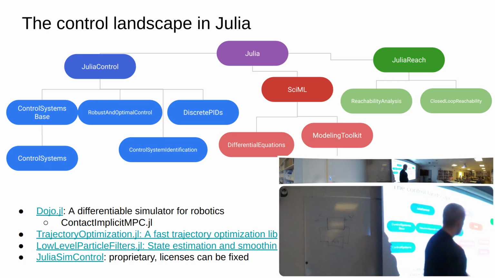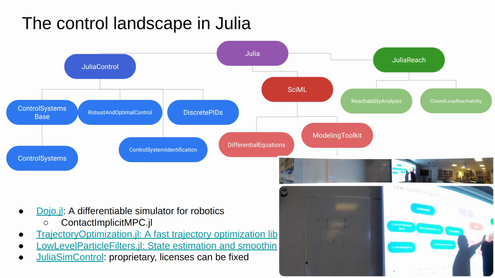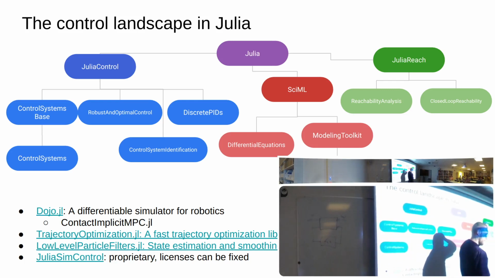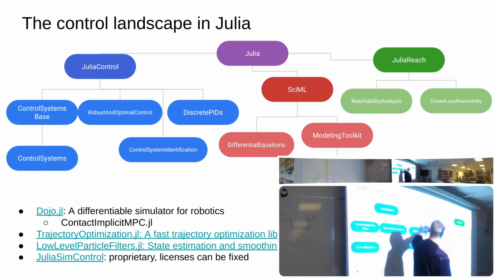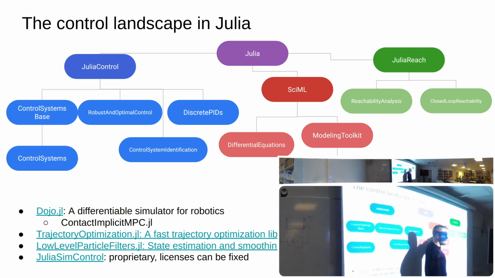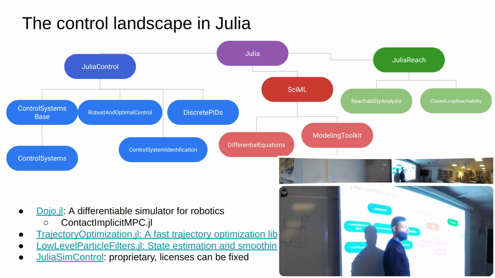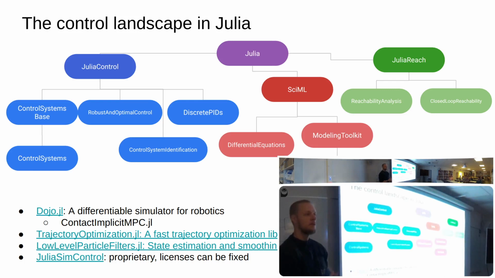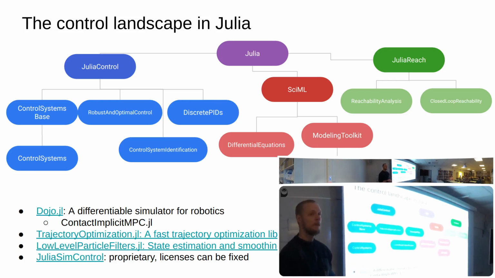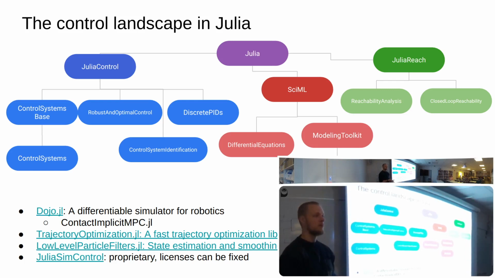And then I mentioned here there is a large ecosystem of reachability analysis features within the JuliaReach organization. So all of these top second level boxes are GitHub organizations that include several different packages within. And reachability analysis deals with, so you have a nonlinear system and you are uncertain about certain parameters, for instance, but you know they belong to a set. And you are uncertain about the initial condition, you just know that it belongs to a set.